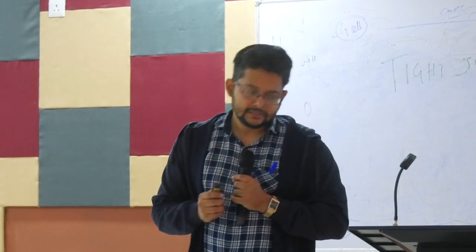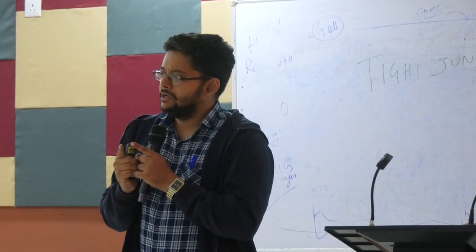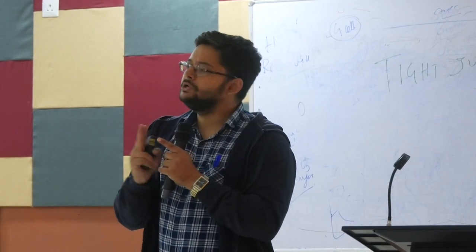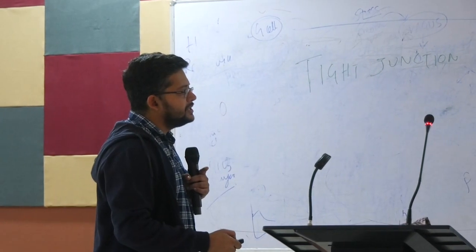So basically tight junction is a very close connection between adjacent or neighbor cells, so components can't come out through between those cells. Simply, this is the tight junction, the point is there.